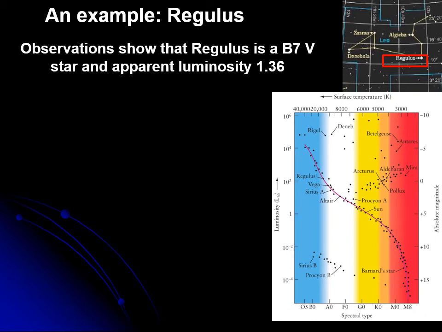One example, Regulus. We're told that it's a B7V, which means that we come here, it's a B7 around here, and then it's a V, which means it's a main sequence, and we're told that the apparent magnitude as observed by an astronomer is 1.36.